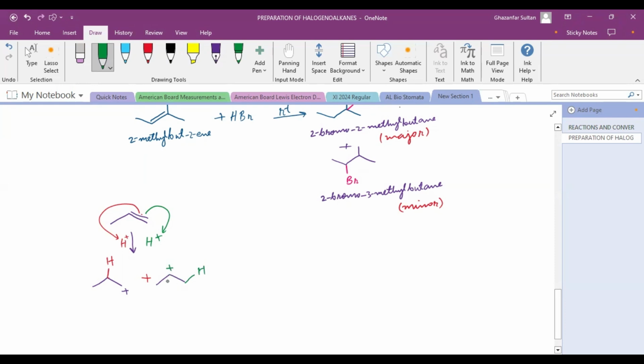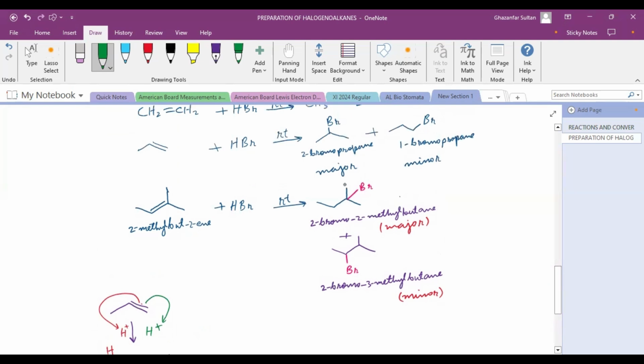And the second carbon atom is the 2-degree carbon atom because it is bonded with two other carbon atoms. So this is called secondary carbocation. And this is the primary carbocation. And the secondary carbocation is more stable than the primary one. So that's why the major product is that which is obtained through the secondary carbocation.